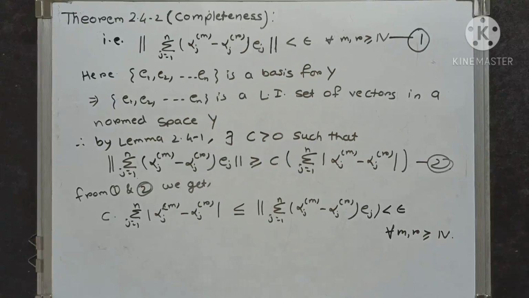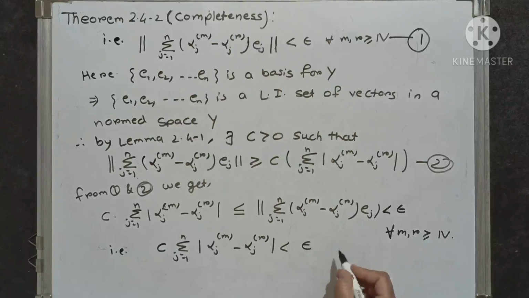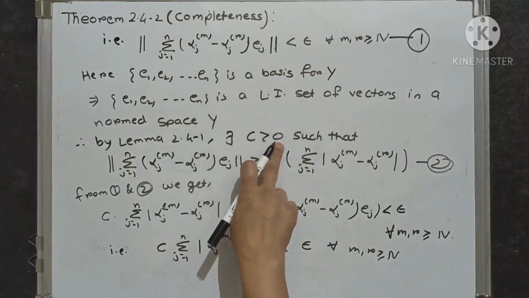Now combining this inequality we get c into summation j from 1 to n mod of alpha_jm minus alpha_jr is less than epsilon for all m, r greater than or equal to N. Now here this c is strictly greater than 0.